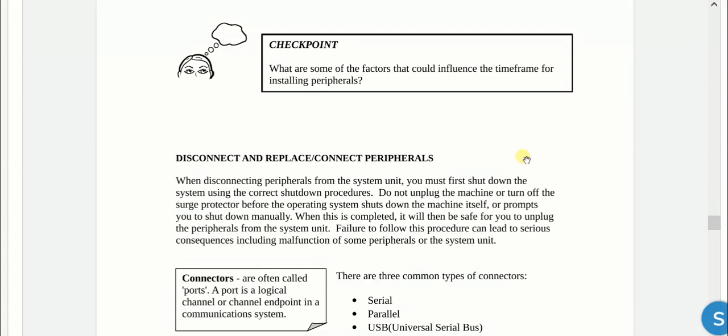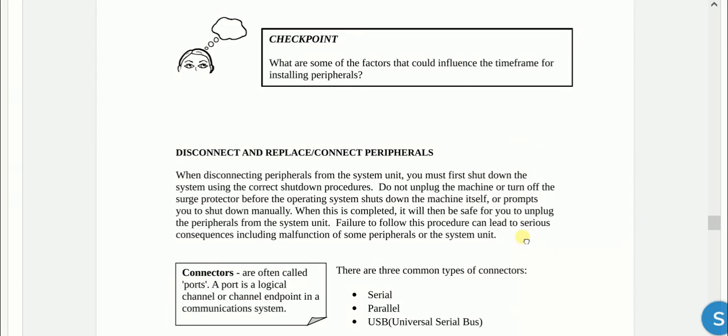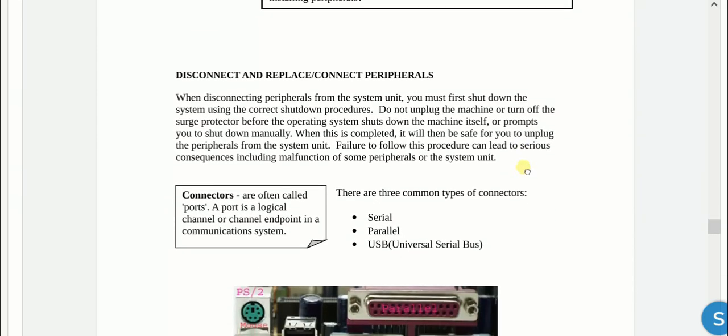You don't want to buy a USB mouse when the system unit does not support USB connection. I remember back in the days we had those round plug-in connectors on the computer system. Those basically stopped being used a couple years back. Now what is being used is your USB connectors, or what we refer to as ports.